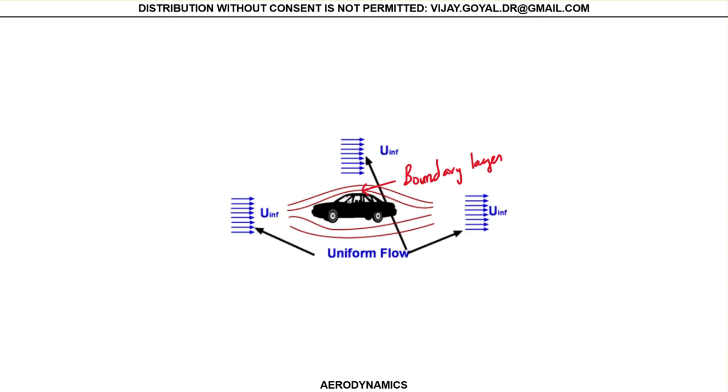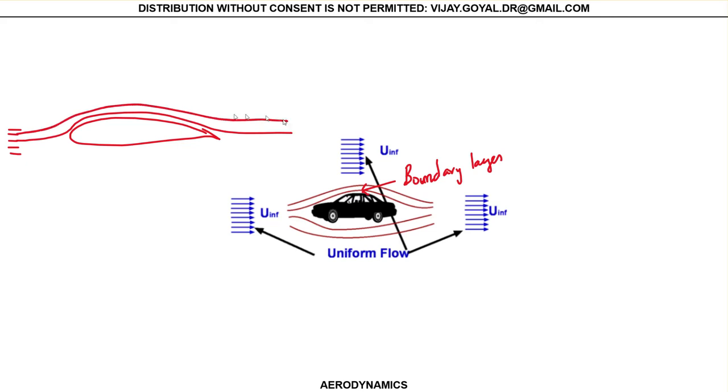Okay? So in the case of an airfoil, for example, let me draw the airfoil over here. In the case of the airfoil, you can assume that you're coming in at a uniform speed, but then when you get here, it's not so uniform, and the streamlines are going to look something like this, and you keep moving on, and then it looks something like this as you move along.